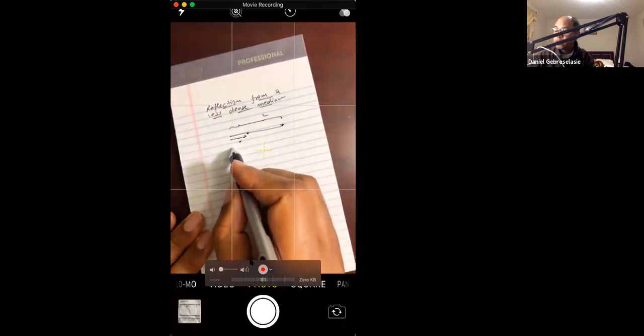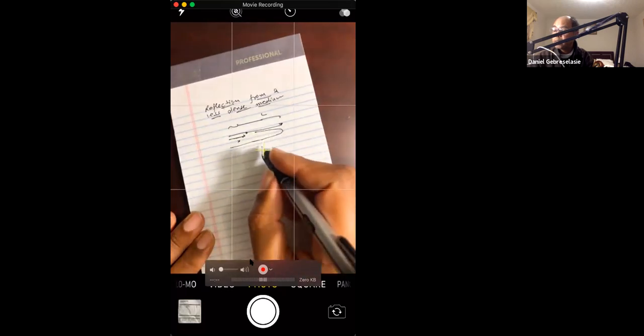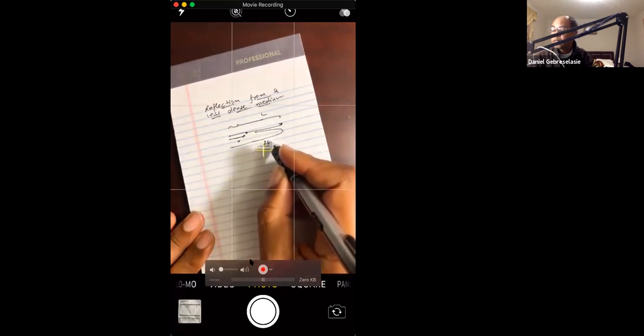So let's say we're talking about the same problem over here. This is going to be L over here. Let's say they meet over here. So the incident wave will go this way, X, but the reflected wave will go all the way like this. So the distance traveled by the reflected wave will be 2L minus X, right? Or L plus L minus X. This is L, this is L minus X, okay, 2L minus X.